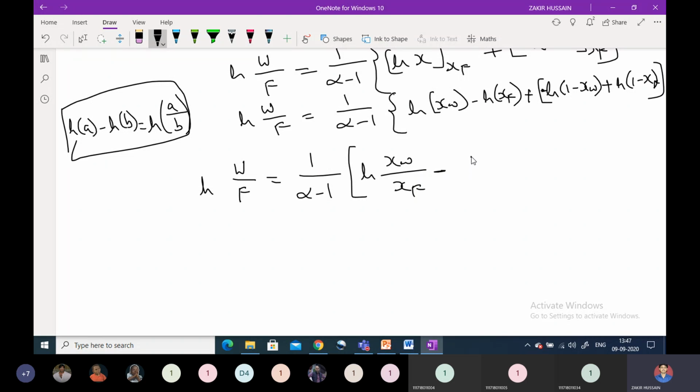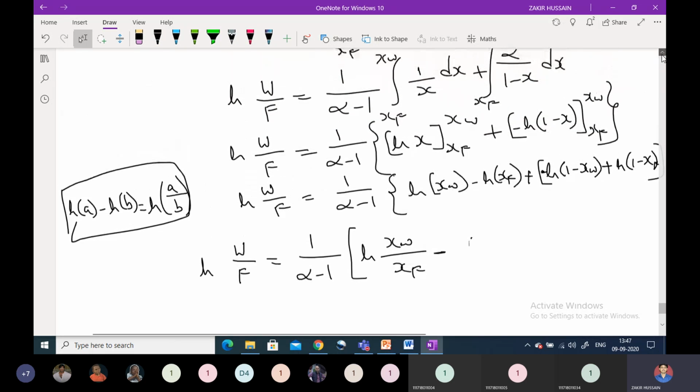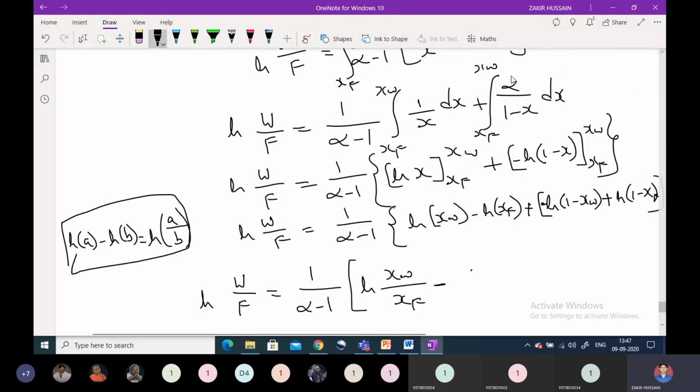Alpha is there here and alpha is there here, so alpha we can take common. So alpha ln, minus we have taken common, so we will obtain 1 minus xw divided by 1 minus xf.